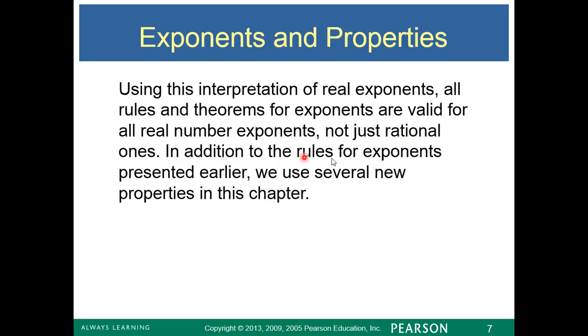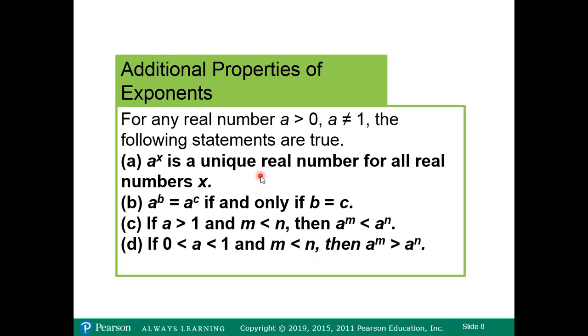So in addition to the rules of exponents presented earlier in the review section, we're going to use several new properties that we're going to see in this chapter. So here are some additional properties that we're going to use. For any real number a greater than 0 and not equal to 1, the following statements are true. A to the x is a unique real number for all real numbers x.